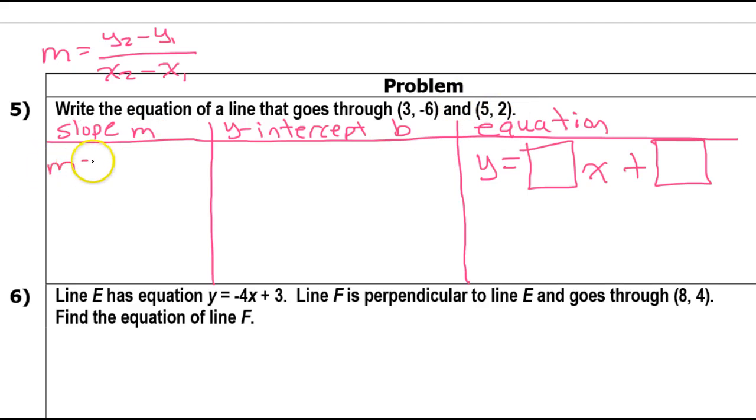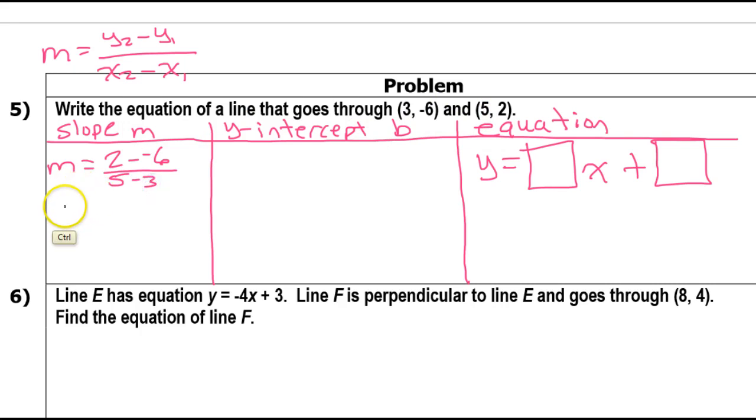So that means my slope is going to be 2 minus -6. All right, notice the double negative here. I have 2 minus, but then the second y value is -6. So it has to be 2 minus -6. You really need that double negative there. And then 5 minus 3.